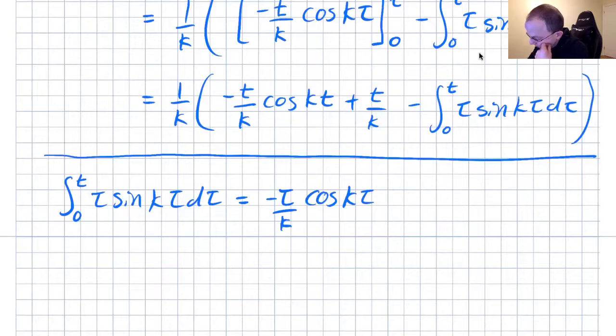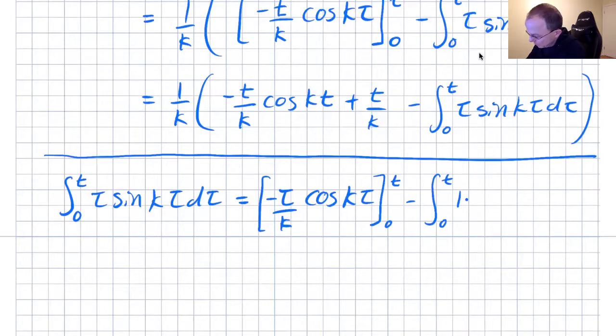Okay, so then that will be evaluated between 0 and t, and we have minus, and this is where integration by parts is quite nice, because we take the derivative of that tau, and that is just 1, and then we have this integral over here.